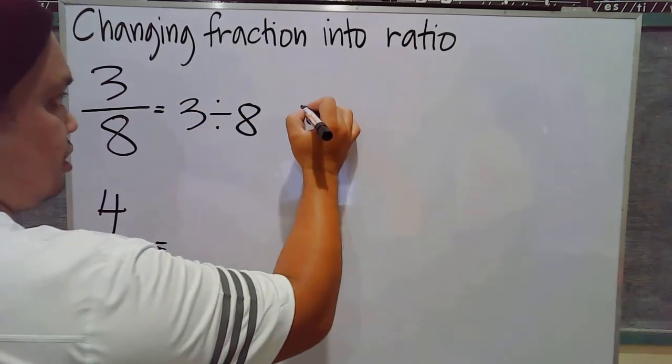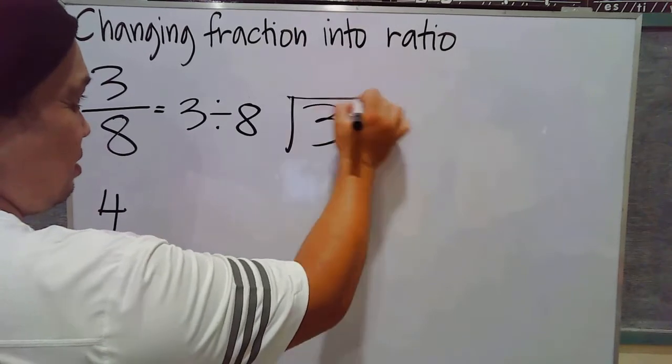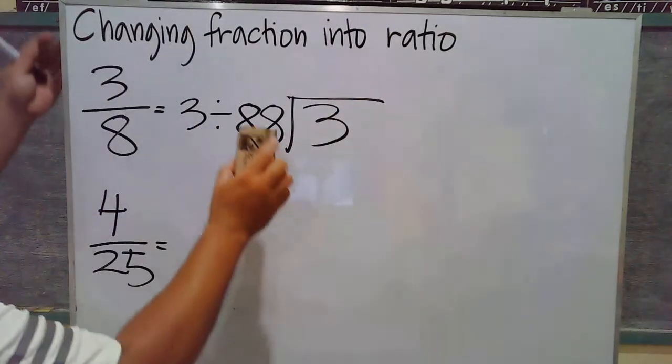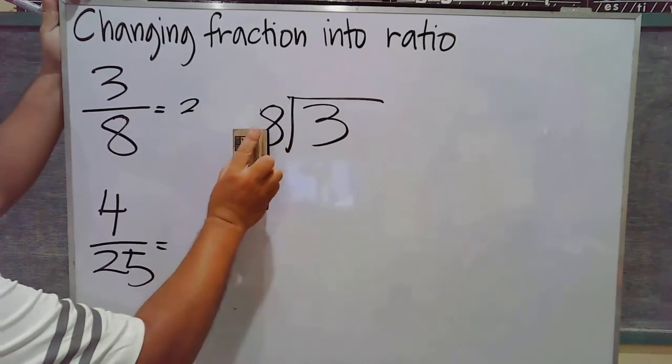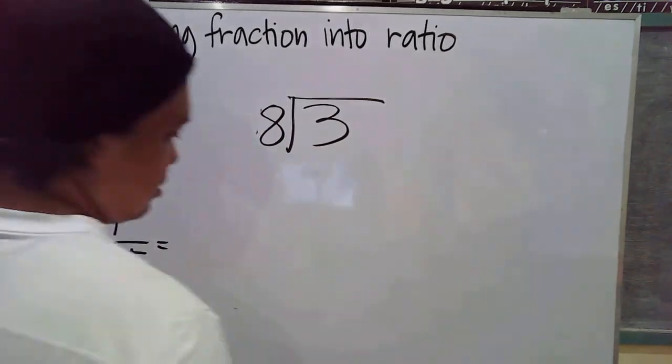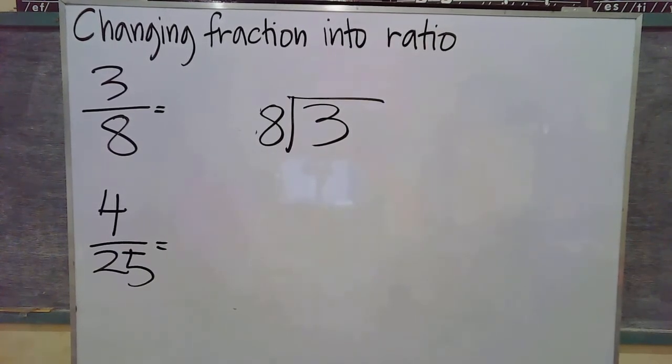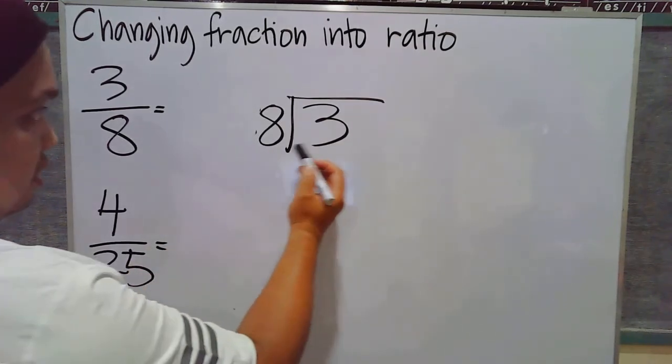It becomes 3 divided by 8. Okay. So 3 divided by 8 cannot be. Why? Because 8 here is greater than 3.